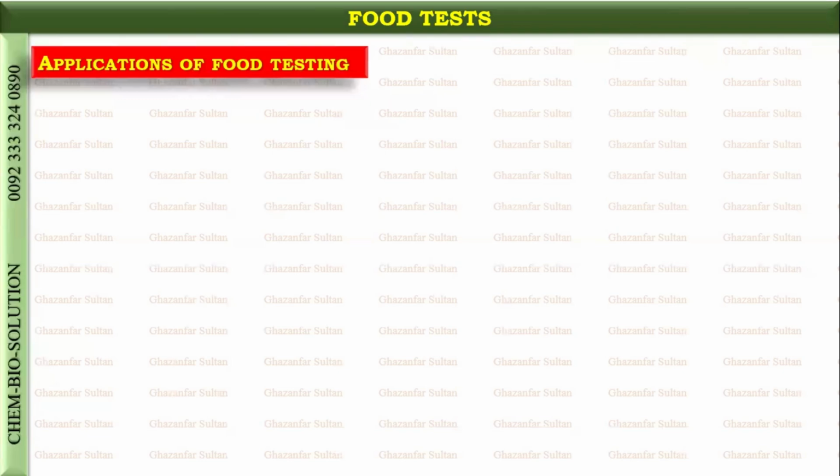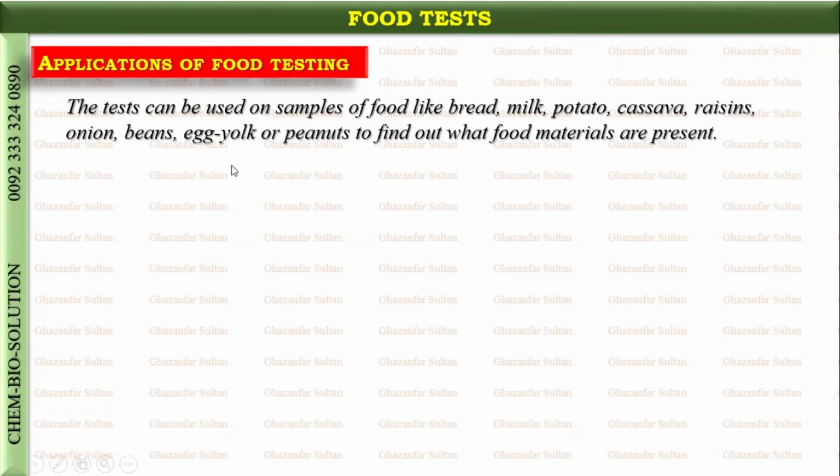Now see what are the applications of these food tests. We can use these tests that we have seen in this video for samples of food like bread, milk, potato, cassava, raisins, onion, beans, or any other food sample to test whether reducing sugar, starch, proteins, or fats or oils are present or not.